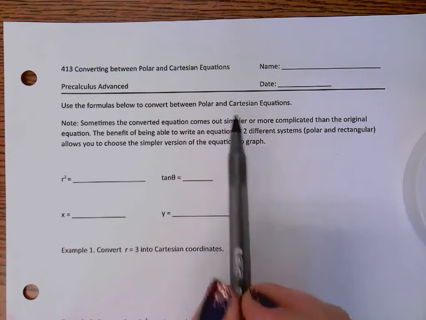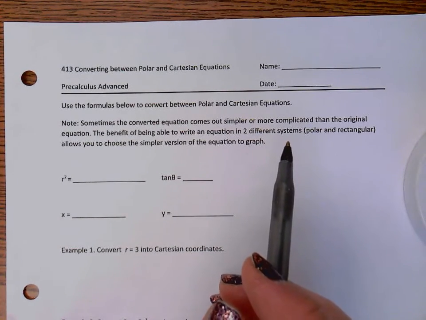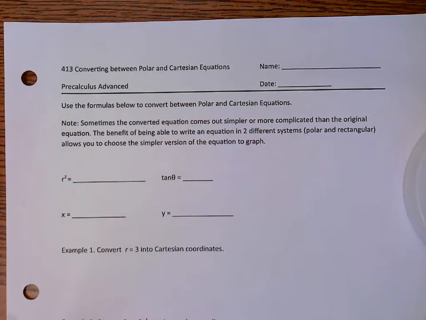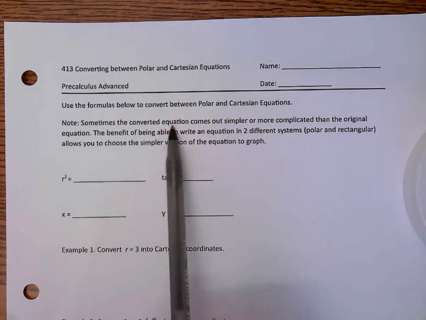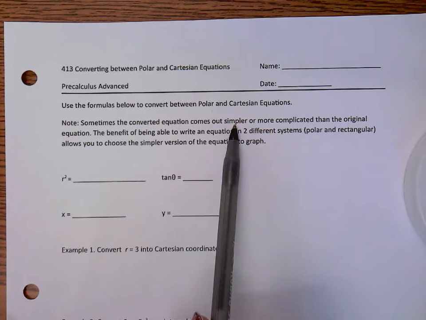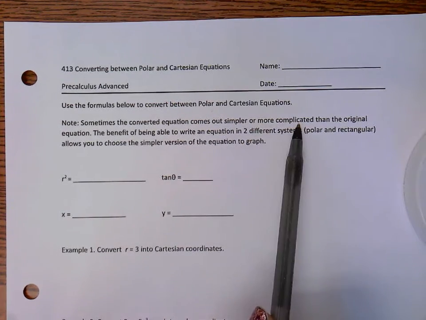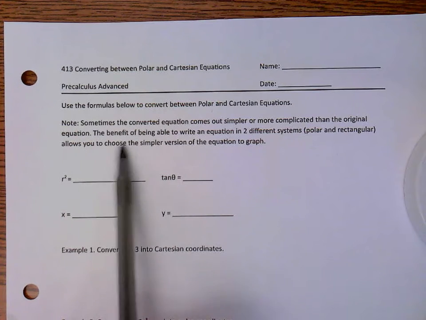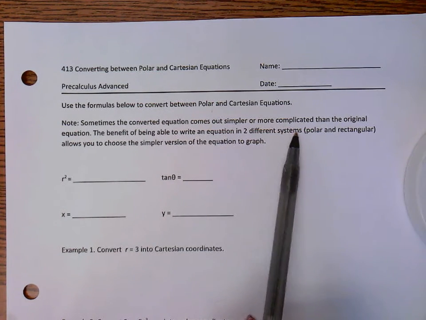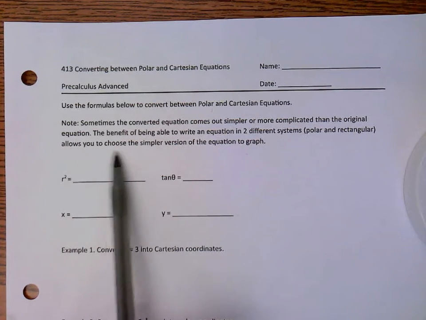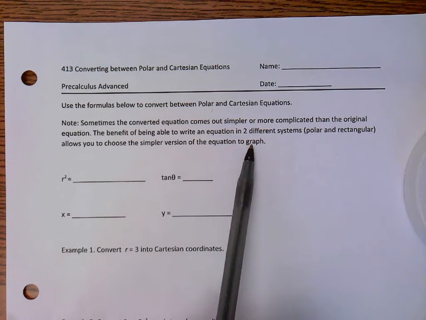link for us some of what we did with circles to polar, because we are actually going to write circles in polar form. So it says sometimes the converted equation comes out simpler, sometimes it comes out more complicated than the original equation. So the benefit of being able to write equations in two different systems, polar and rectangular, allows you to choose the simpler version of the equation to graph.